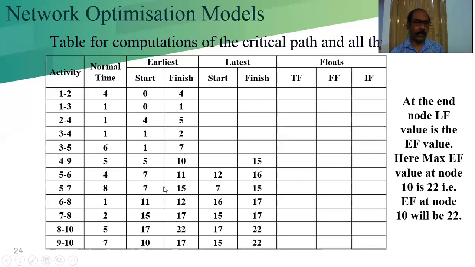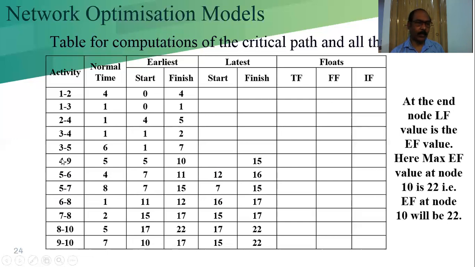That 15 will go here, 5 7. And 15 minus normal time 8 is 7. So here is also 5 6. That means this is the 6. We have to check here. Where is the 6? This is the 6. 16. That 16 will go here. And 16 minus 4, the normal time, is 12.